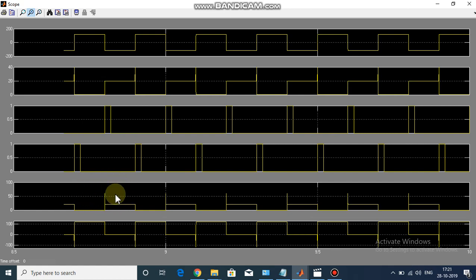Then this is the current through the SCR. When the SCR is just turned on, there's a huge spike through the SCR. So remember, when the SCR is turned off, there is a spike through the resistor, and when the SCR is turned on, there is a spike through the SCR. This spike is because the SCR is discharging the capacitor as well as flowing current through the resistor.